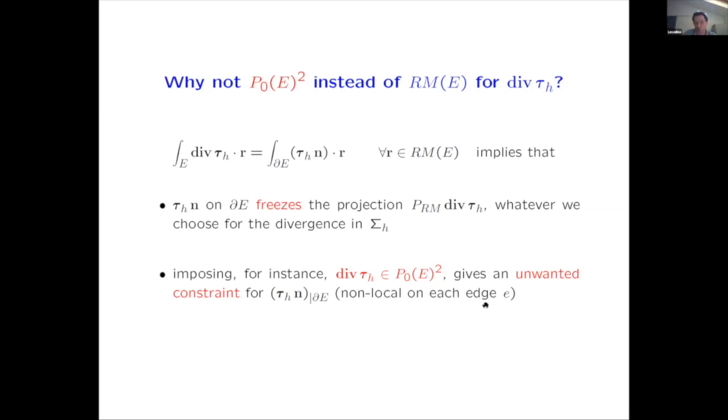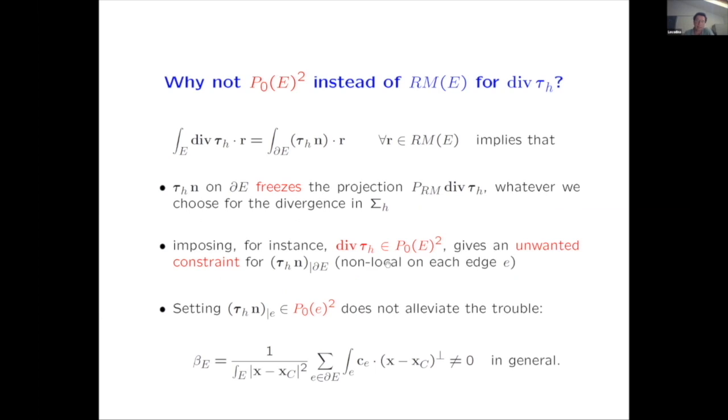If you have such a constraint which is not local, then it is not very easy to glue together contributions in order to meet the H-div conformity. So this fact of insisting on being piecewise constant is not very compatible with the traction here. And even if you choose, say, constant tractions on each edge, this does not solve the problem. You get into trouble again.